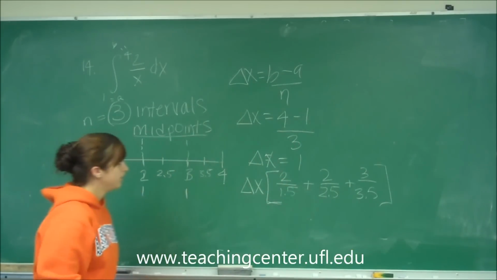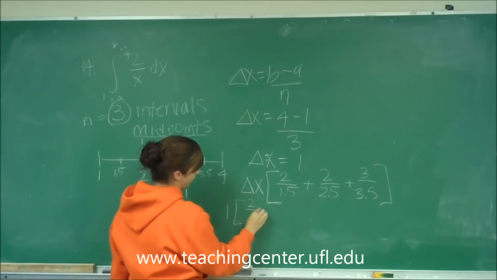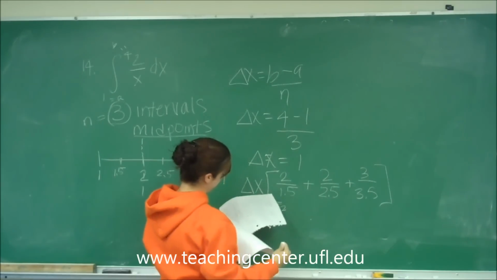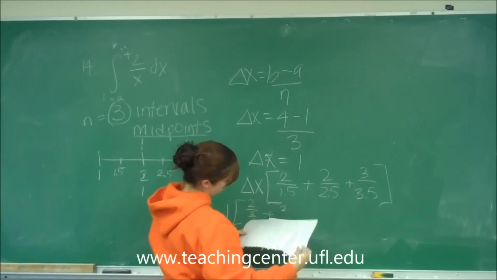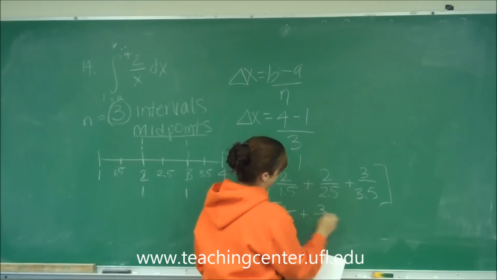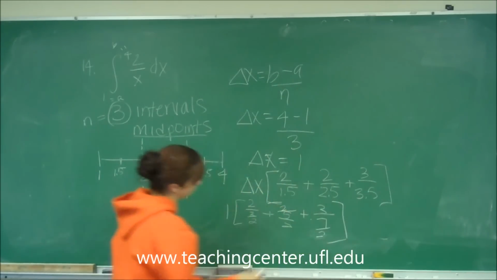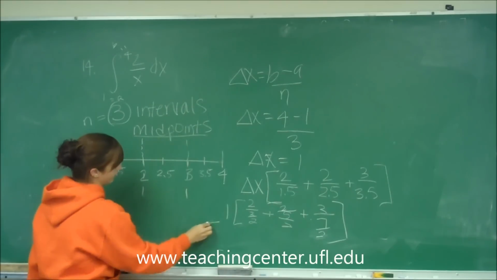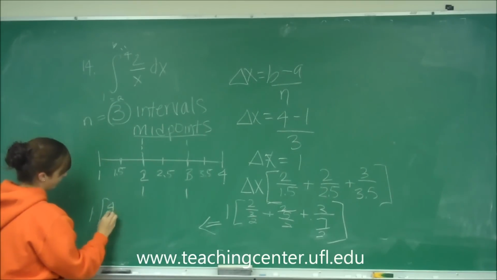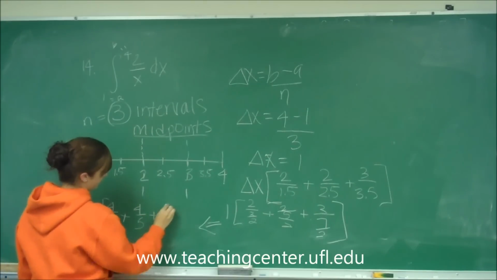Delta x is 1, so I have 1 times 2 over 3 halves plus 2 over 5 halves plus 2 over 7 halves. And that will give you 1 times 4 thirds plus 4 fifths plus 4 sevenths.